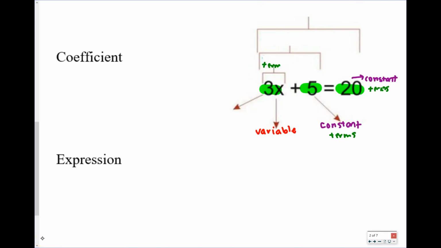The second most important word that we use in algebra is called a coefficient. Now a coefficient, the definition is a number used to multiply a variable. Sorry, my pen is kind of skipping there. A number used to multiply a variable.